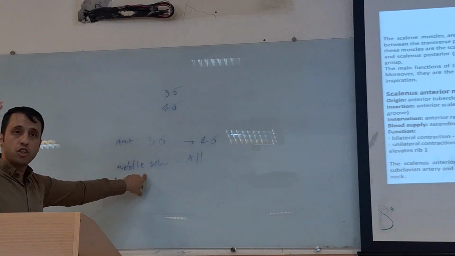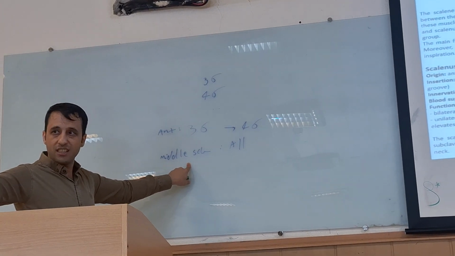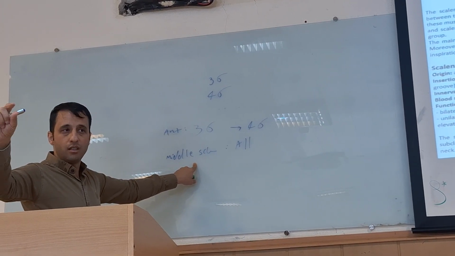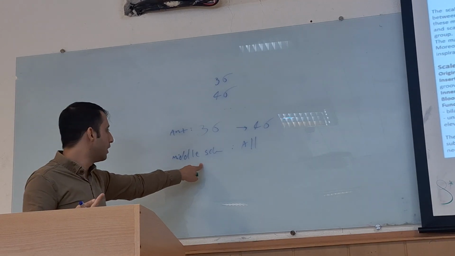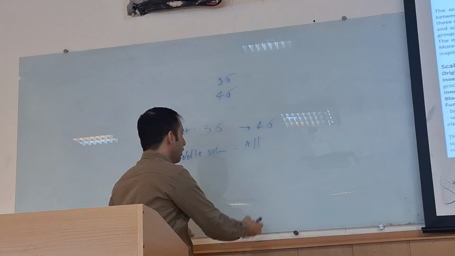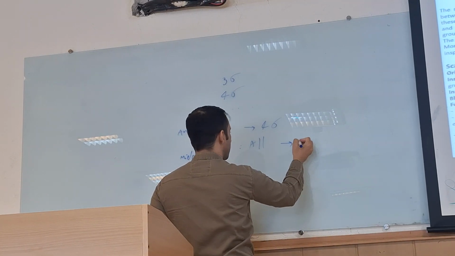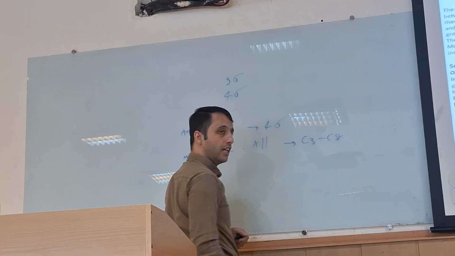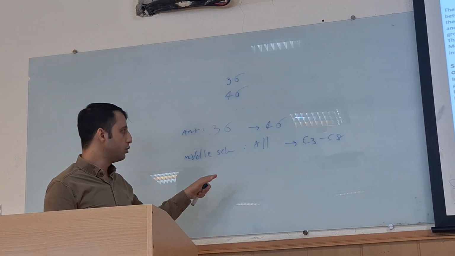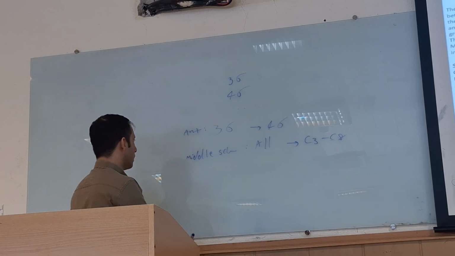What is the insertion of middle scalene? The first rib, in the first rib we also have the posterior insertion of the middle scalene. What is the innervation of middle scalene? C3 to C8. Okay? C3 to C8 is the innervation of the middle scalene.